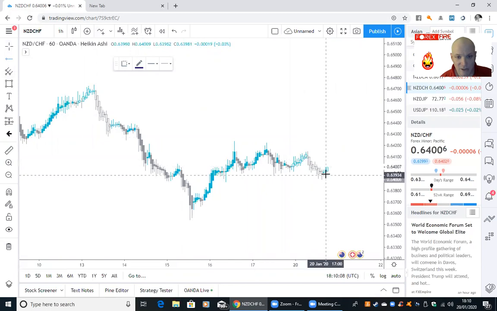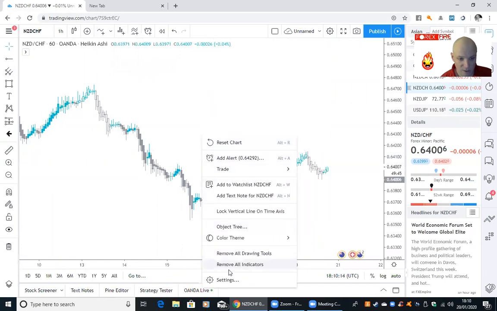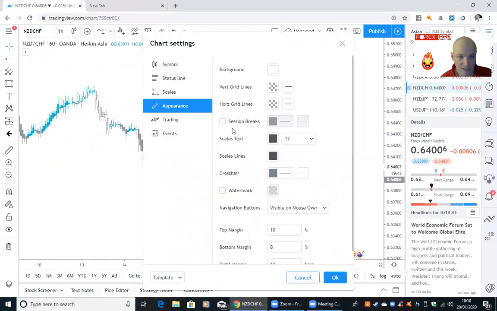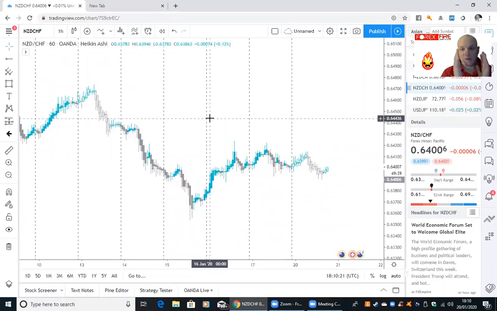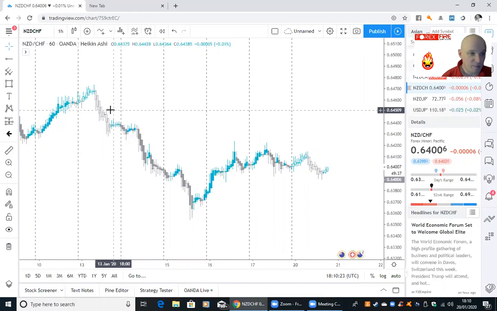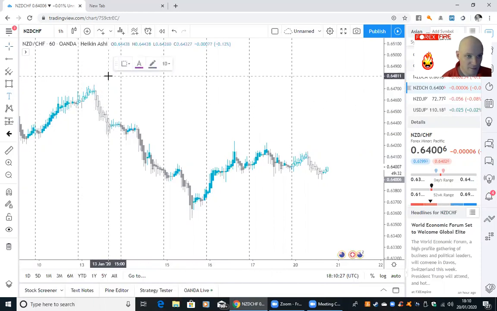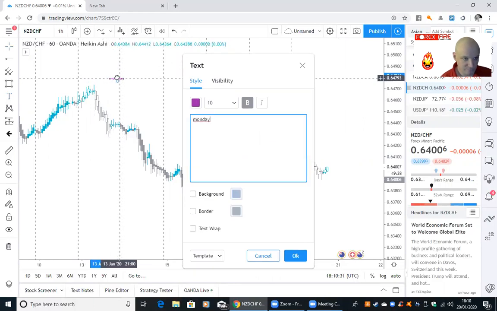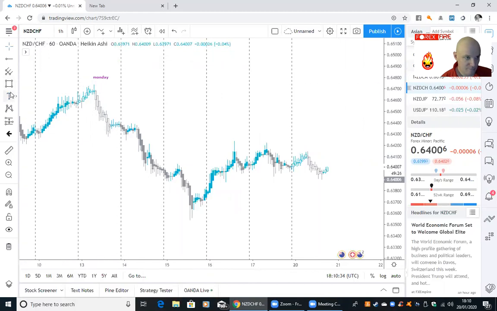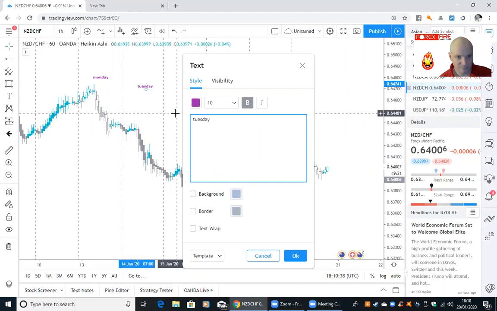Now, these here are the white candles, and if you want to know how to differentiate the session breaks, if I right click, settings, session breaks, you will see that we have session breaks for each day of the week. So this being Monday, this will be Monday. This will be Tuesday.